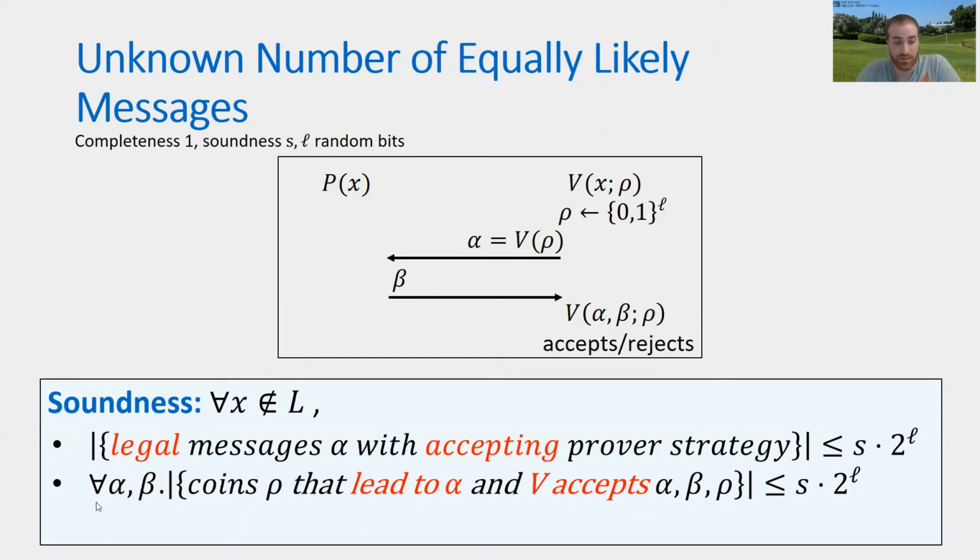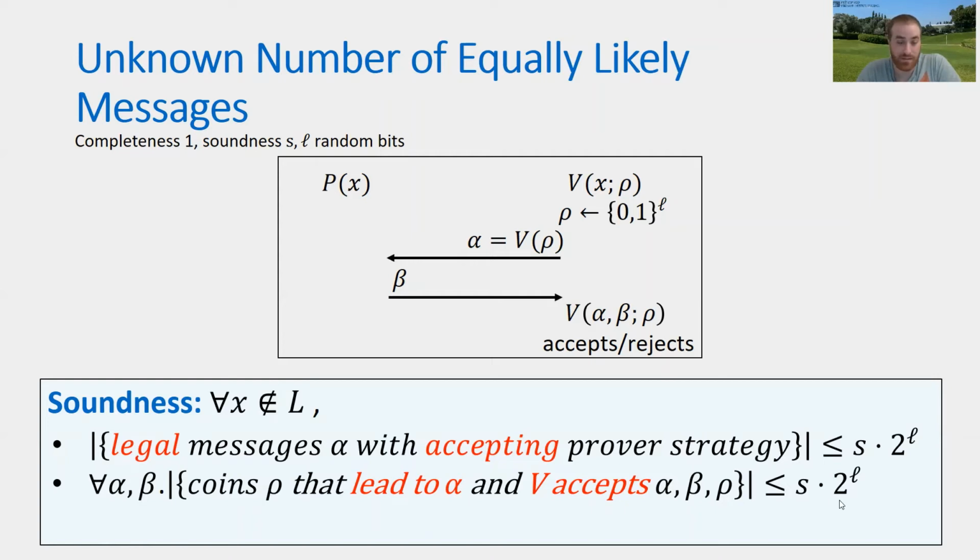And also, for every message alpha and prover message beta, the number of coins that are consistent with alpha and also cause the verifier to accept is also small.